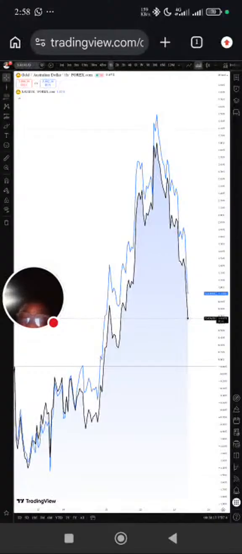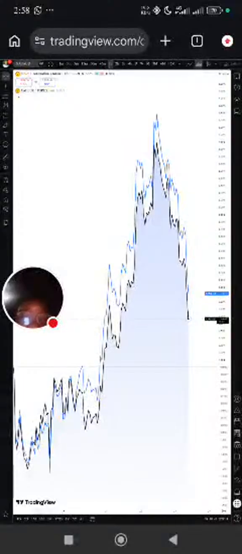The divergence thing or any other calculation on the MT5, everything is external, right? The TradingView. So that is all, right, for now.